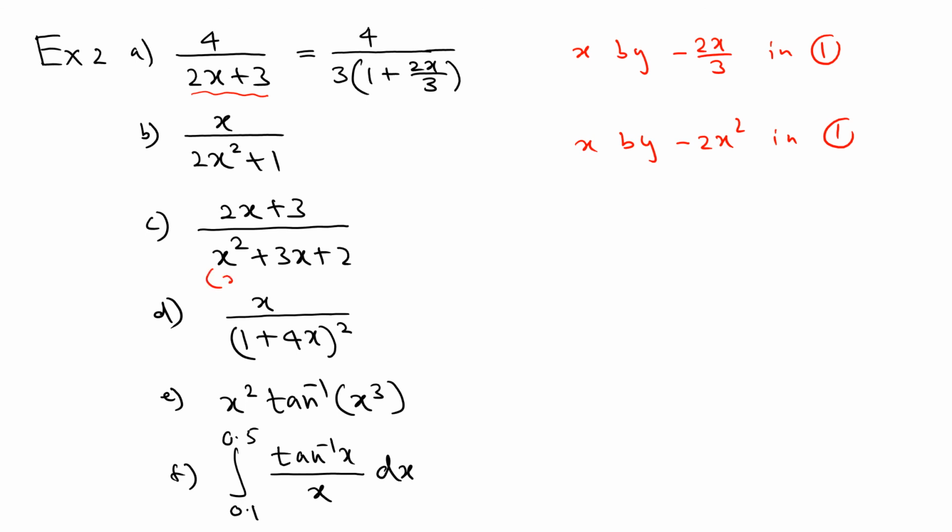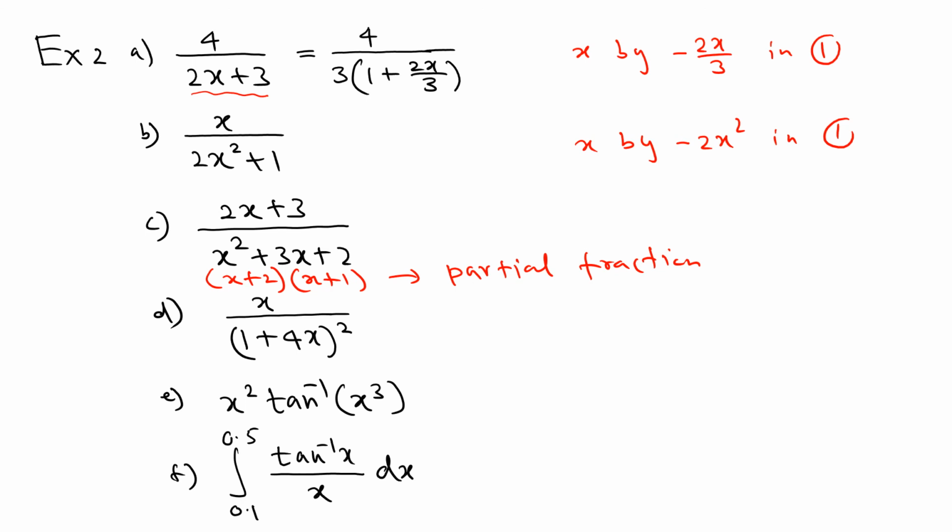The factors are x plus 2 and x plus 1. Then we go for partial fractions, and once you get the partial fractions, you're going to get 2 series, and then you either add or subtract those 2 series. So go for partial fractions, write 2 series and combine them.